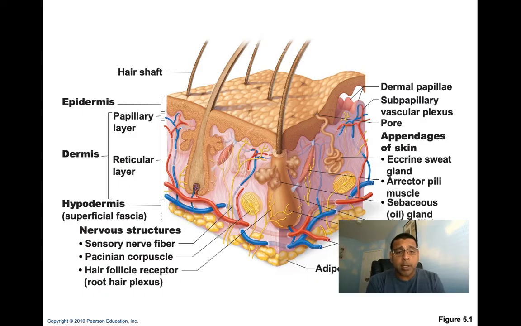Additional structures you're going to find in the reticular layer will include the cutaneous plexus. The cutaneous plexus is a network of blood vessels which nourishes this layer.